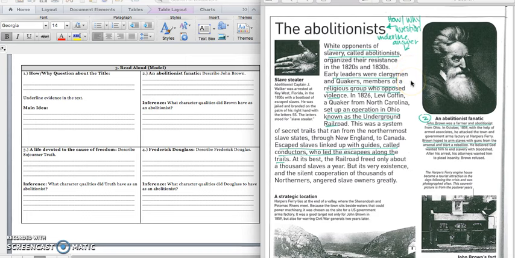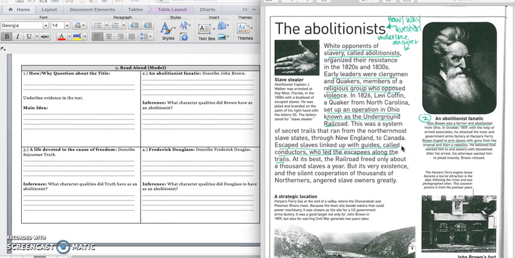Early leaders were clergymen and Quakers, members of the religious group who opposed violence. In 1826, Levi Coffin, a Quaker from North Carolina, set up an operation in Ohio known as the Underground Railroad. This was a system of secret trails that ran from the northernmost slave states through New England to Canada.